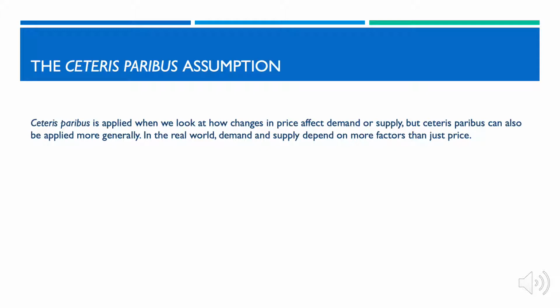A demand curve or supply curve, which we will cover in further detail, is a relationship between two and only two variables: price on the vertical axis and quantity on the horizontal axis. The assumption is that no relevant economic factor other than the product's price is changing.